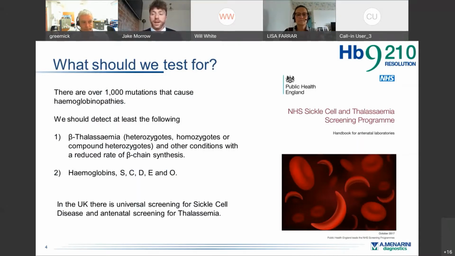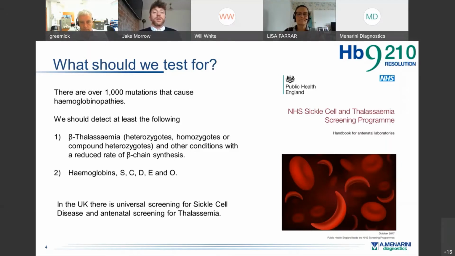Therefore, we should detect at least the following: conditions where there's a reduced rate of beta globin chain synthesis and hemoglobin variants S, C, D, E, and O arab.